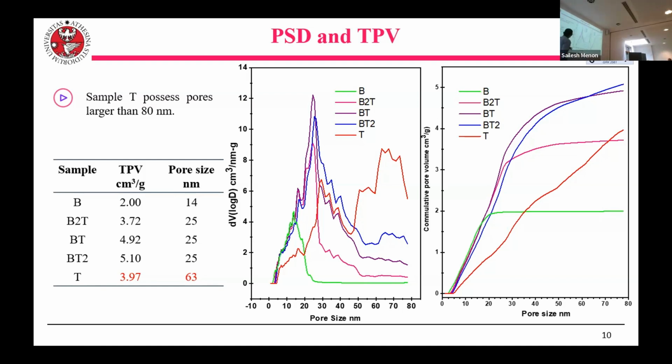And therefore the total pore volume obtained by nitrogen adsorption is underestimated, because this reports the pores below 8 nanometer. Therefore, we expect that the total pore volume and the pore size for this sample is actually higher than this value.